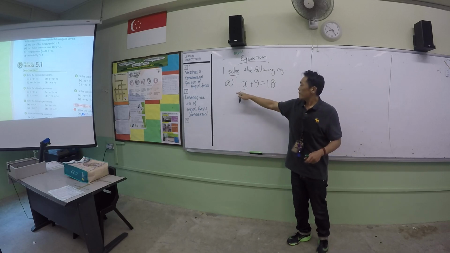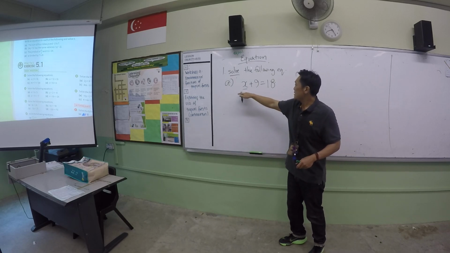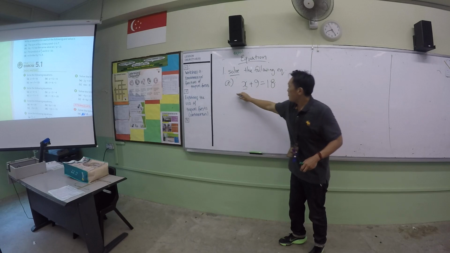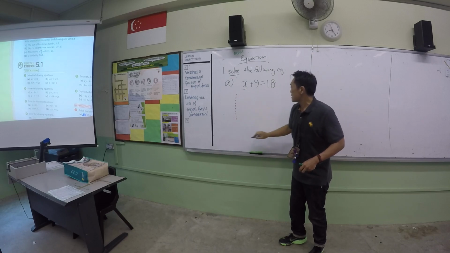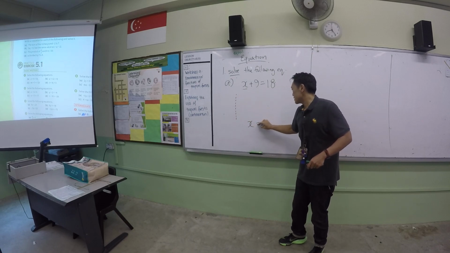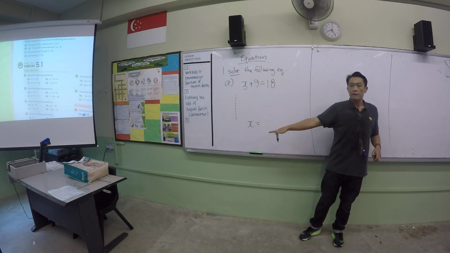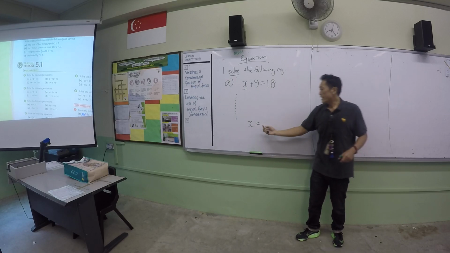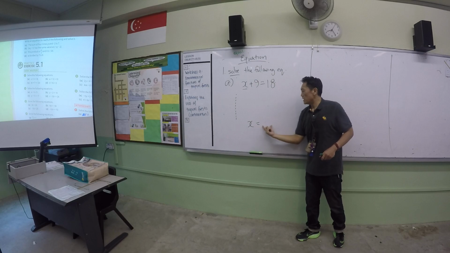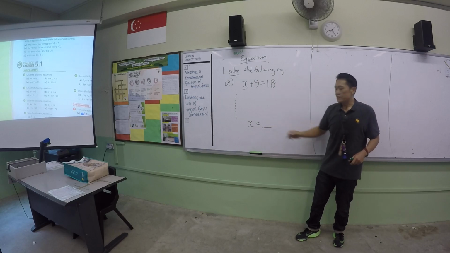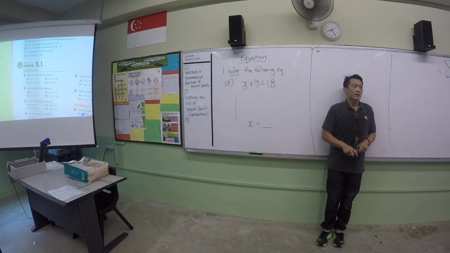So to find out what is this value of x, I must write equivalent equations until x is alone on one side. Then I will know already that x is the same as this number here.